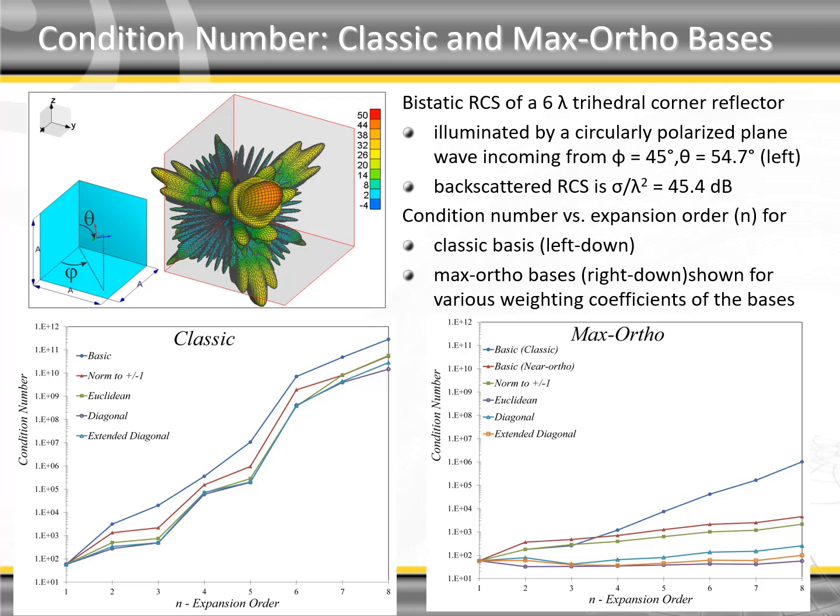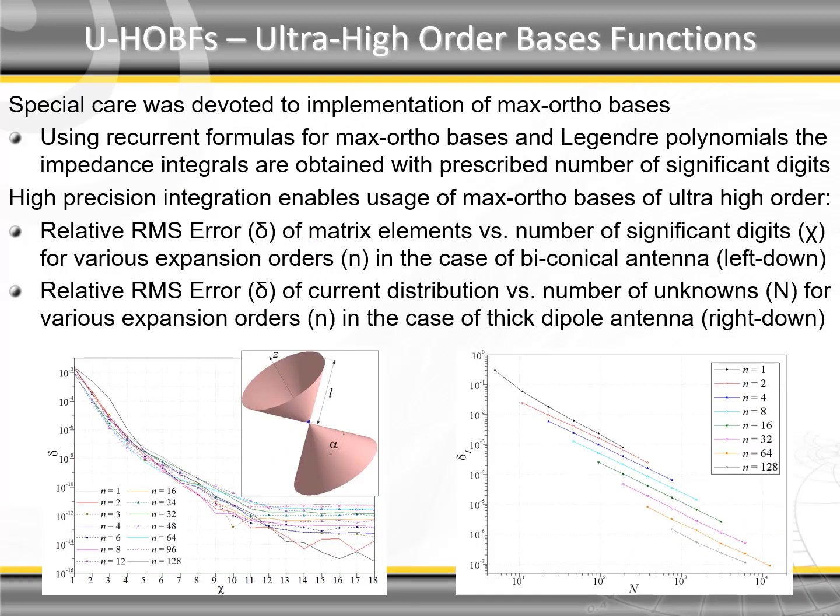Condition numbers versus expansion order are shown left down for classic basis and right down for max-ortho basis. By increasing the expansion order, the condition number increases quickly for classic basis, while it stays practically constant for max-ortho basis.